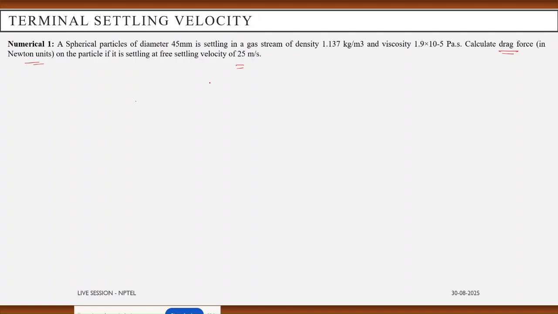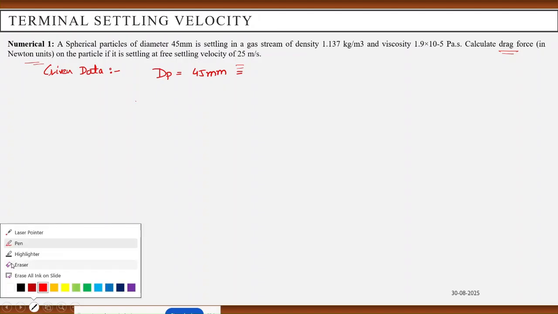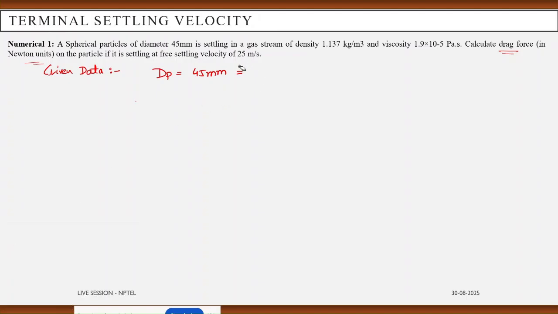I hope this question is very straightforward. The data given here: the diameter of the particle is 45 millimeter, which is 0.045 meter.